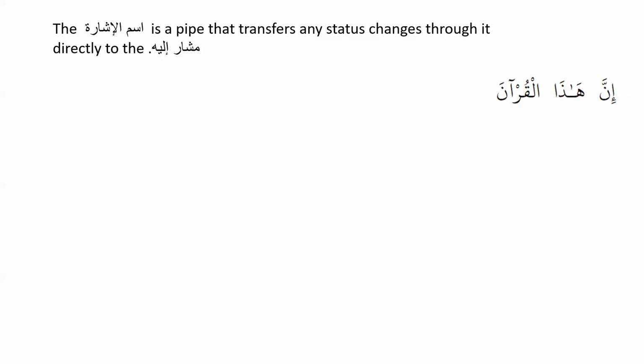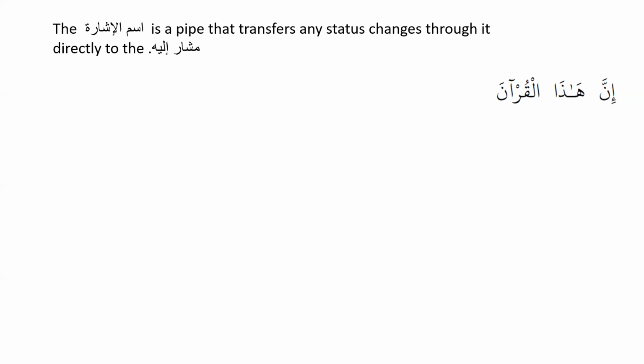Why? Because inna has its effect, since inna makes something nasab, on the Quran. Although there is a word between them, the haza, the pointing word, the ishara word, works as a pipeline, meaning it forces the effect of inna through to the next word. So inna hazal Qur'ana. Don't say inna hazal Qur'an.